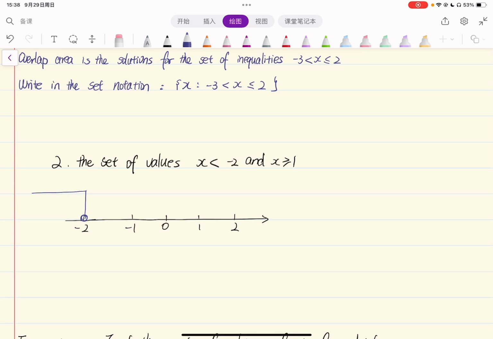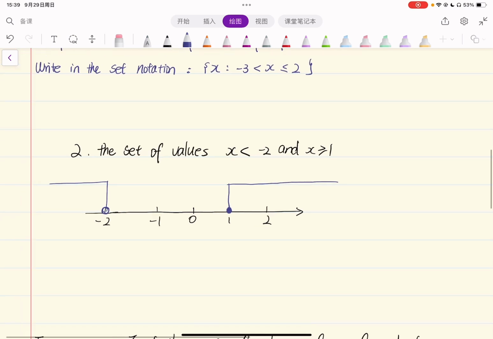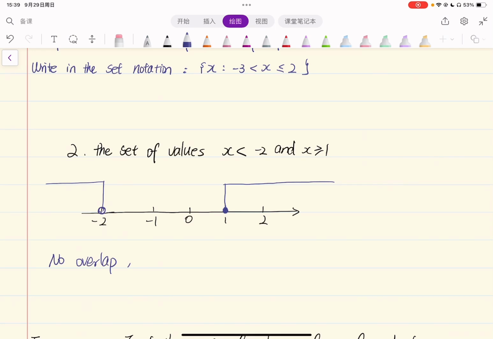And for the second inequality, we have x greater than or equal to 1. So we need to find the value 1 over here, and it includes the end value, so we make the black dot. Then greater than is on the right-hand side. As we can see, there is no overlap, which means there is no set of values for which the two inequalities are true at the same time.